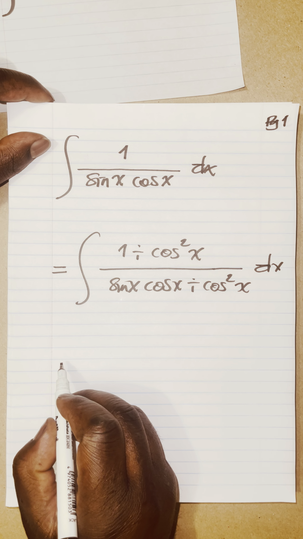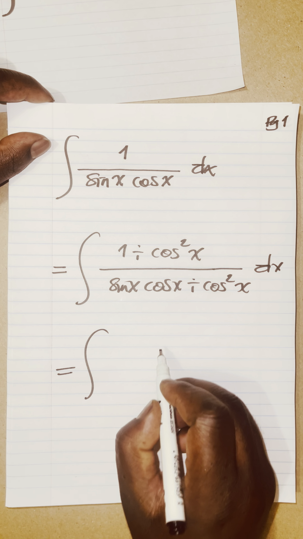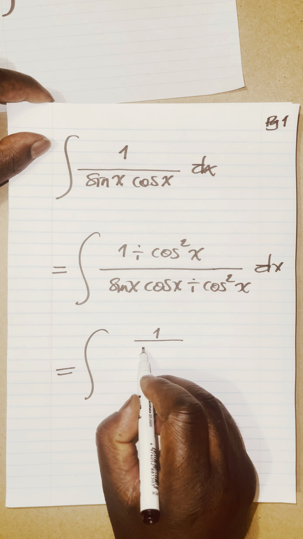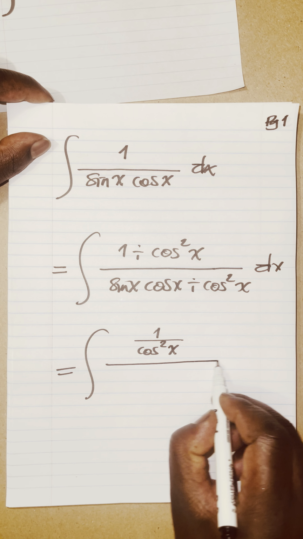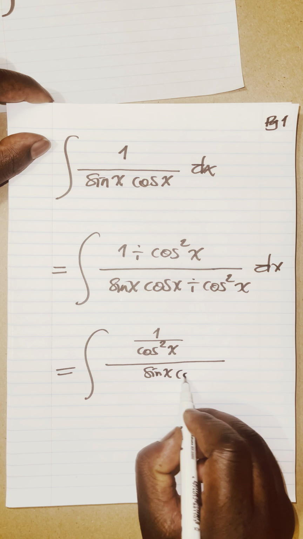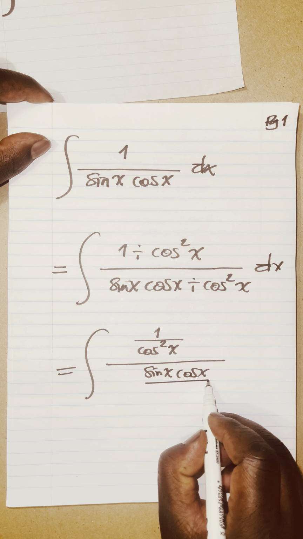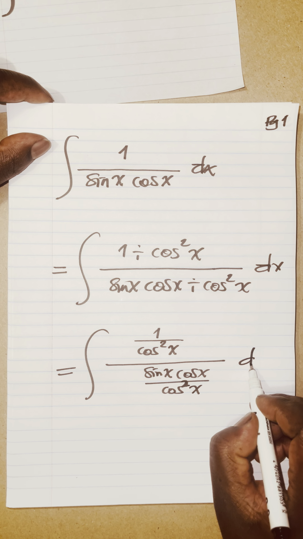This is the same as the integral of 1 all over cos squared of x, and we're dividing that whole expression by sine x cos x divided by cos squared of x, and then we have dx.